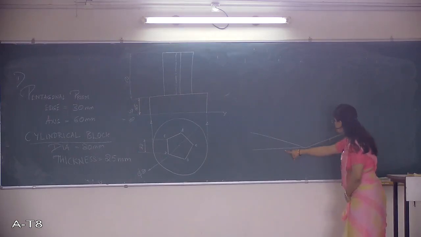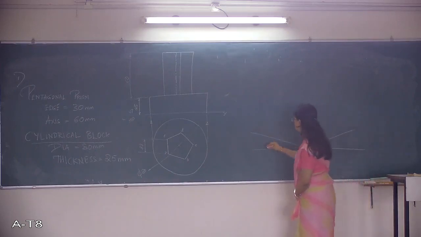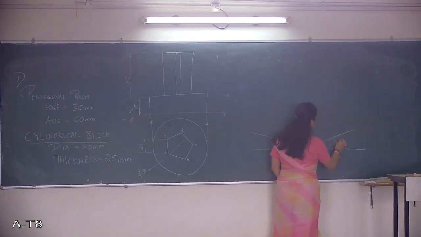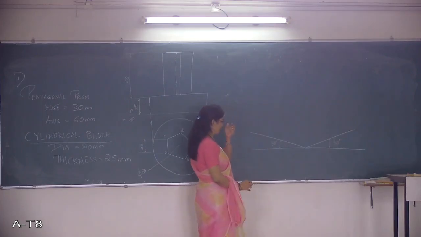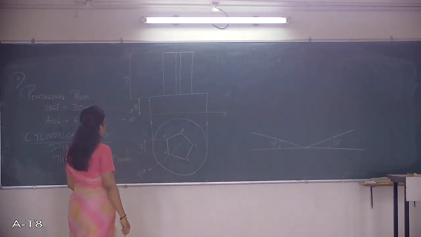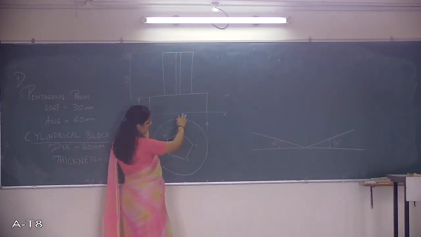You first draw a horizontal line, and by taking a point here, you can mark 30 degrees angle on both the sides. So this is already known to us, how to get the isometric axis marked here.